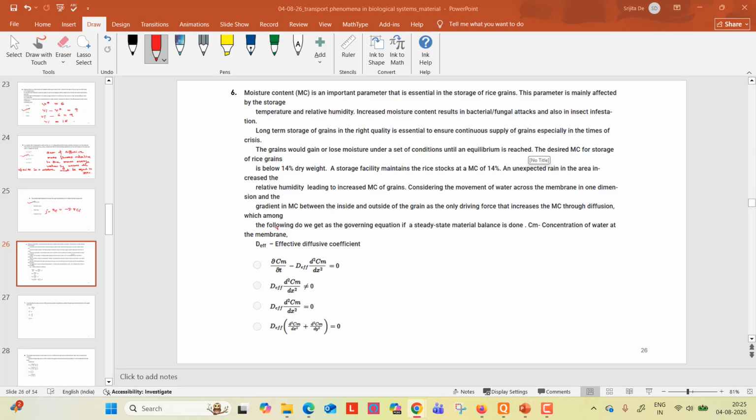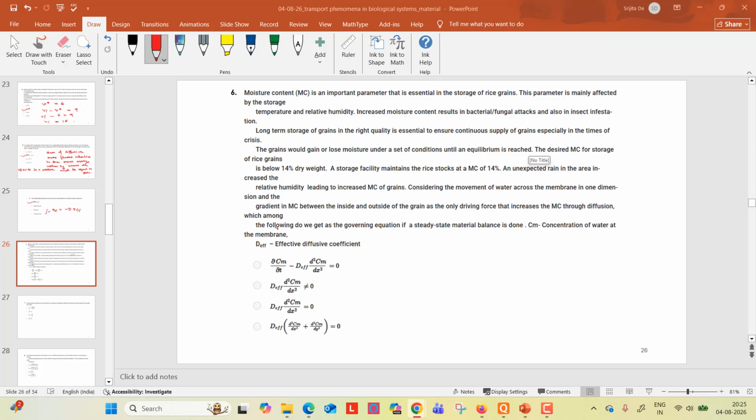Long-term storage of grains in the right quality is essential to ensure continuous supply of grains, especially in times of crisis. The grains should gain or lose moisture under a set of conditions until an equilibrium is reached. The desired moisture content for storage of rice grains is below 14% dry weight.